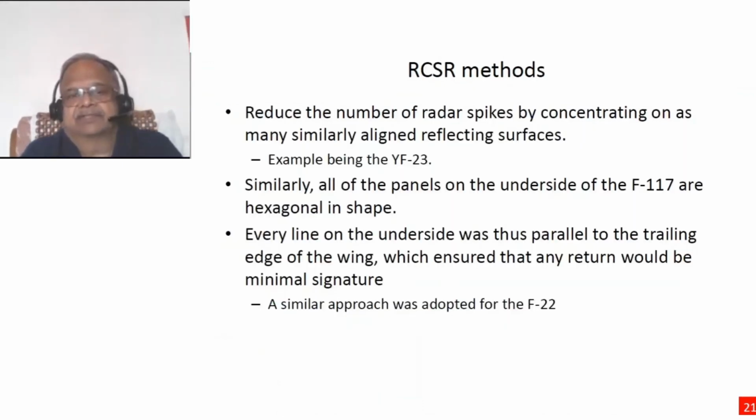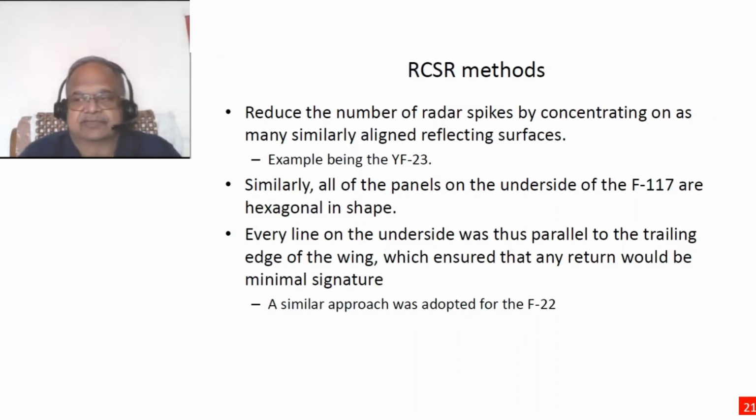As for the radar cross-section reduction methods, or RCSR methods, there are different techniques. What most designers do is try and locate the radar spikes, or the zones from which the aircraft is returning a large amount of incoming waves. So what is done is to reduce the number of spikes by concentrating on as many similarly aligned reflecting surfaces as possible.